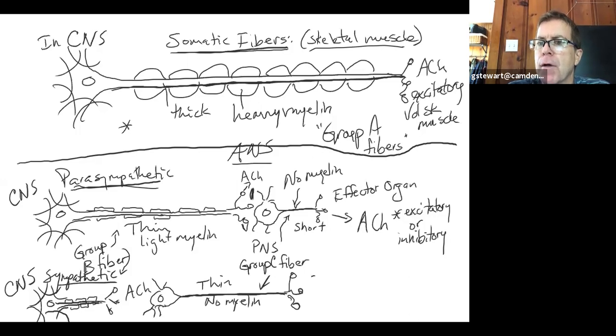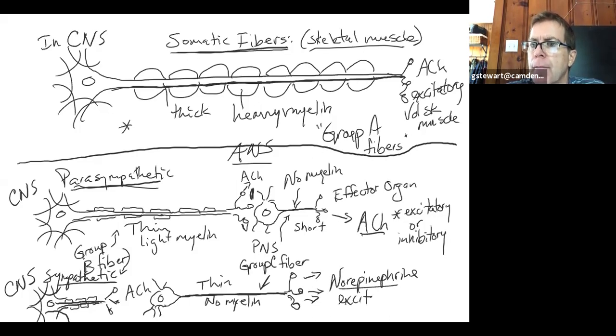The neurotransmitter coming out of here is norepinephrine. Not acetylcholine. And it also can be excitatory or inhibitory, depending on the receptor at the effector.